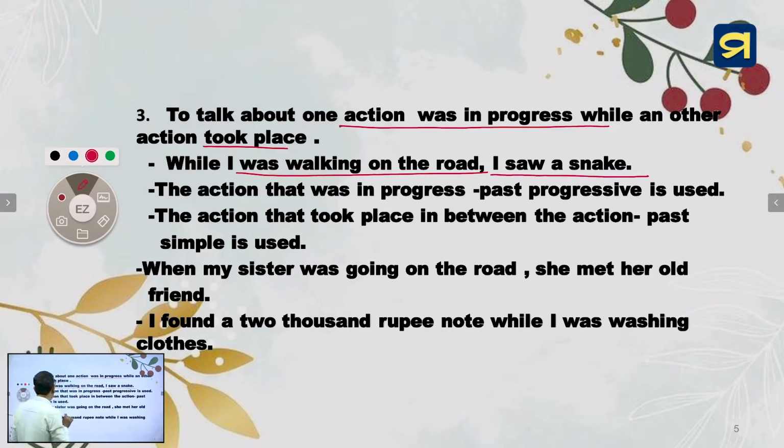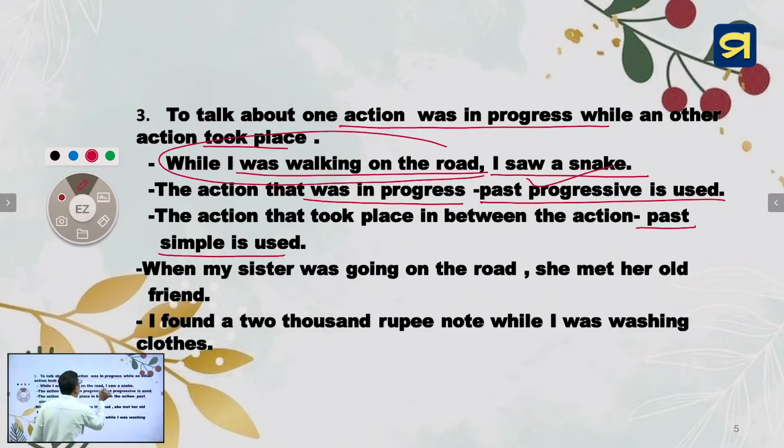That means the action that was in progress is in past progressive tense, but for the action that took place in between, past simple tense is used.